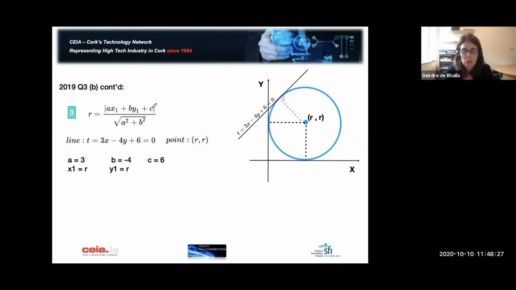So again, it's always good practice to write down exactly what those parameters are before populating the equation. And that is a is equal to 3, b is equal to minus 4, and c is equal to 6. And x1 is equal to r, and y1 is equal to r. Populating the equation gives me this, and tidying it up gives me the modulus of 6 minus r over the square root of 25 is equal to r.